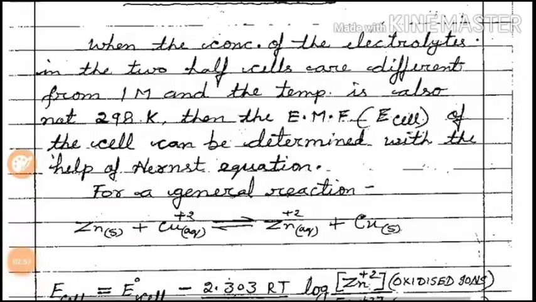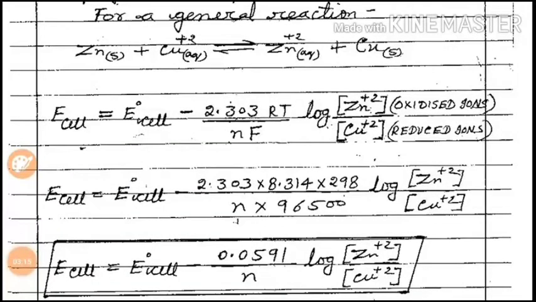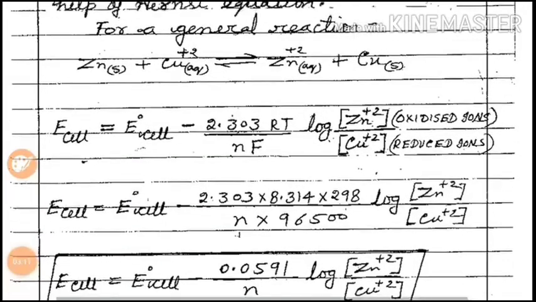So see the language. When the concentration of the electrolyte in the two half cells is different from 1 M and the temperature is also not 298, then the EMF of the cell can be determined with the help of the Nernst equation.